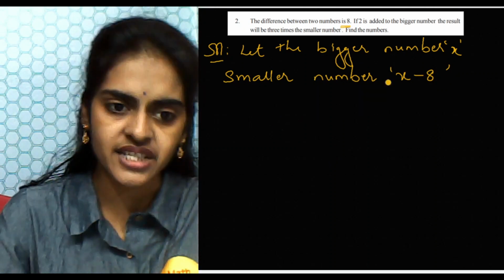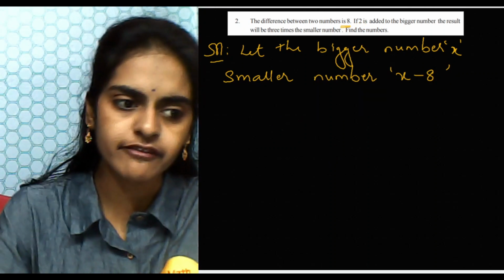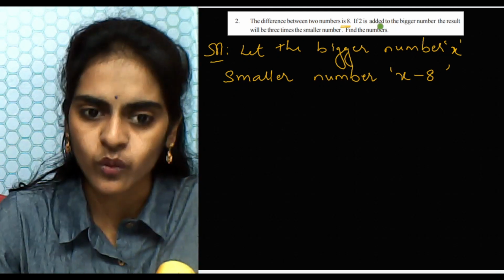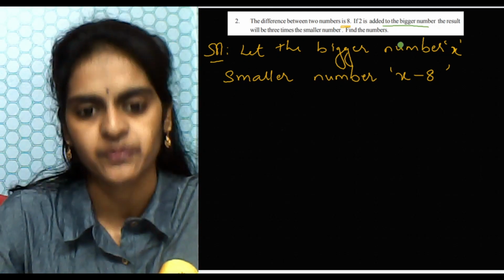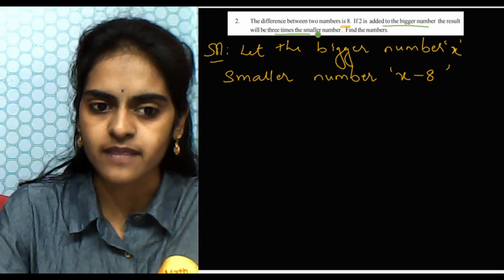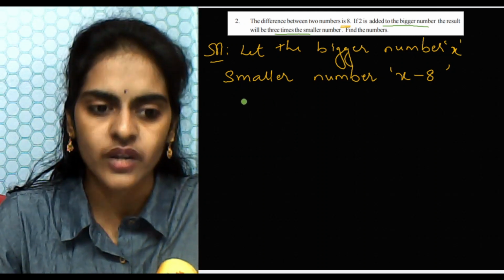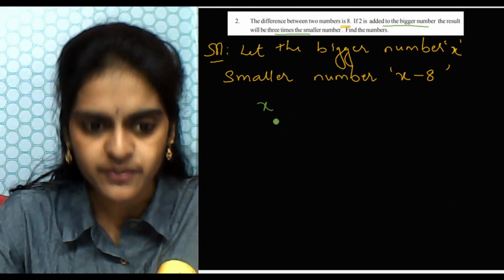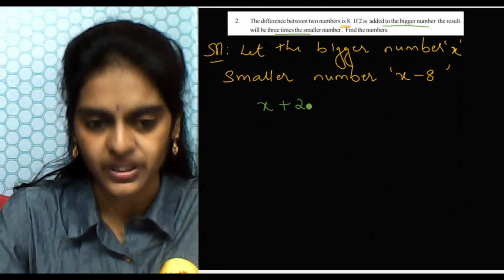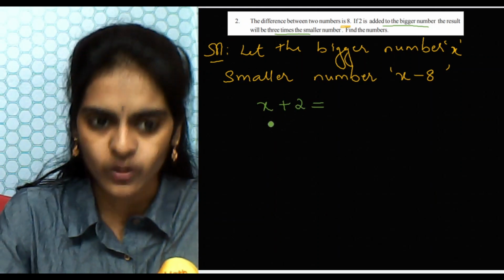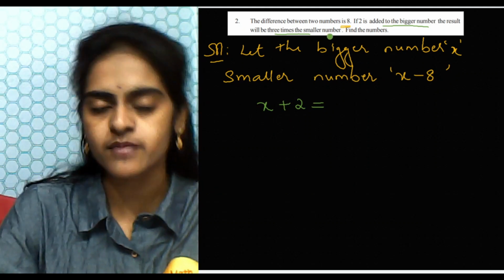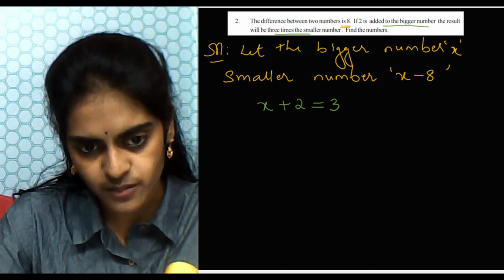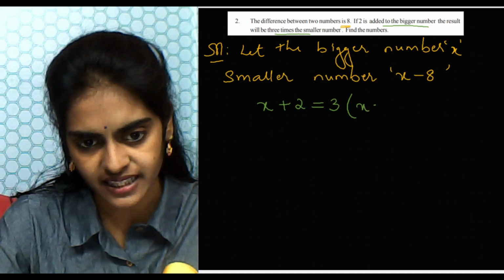Now see, the next condition is if 2 is added to the bigger number, the result will be 3 times the smaller number. The bigger number is x, so if I am adding 2 to it, this will be equal to 3 times the smaller number. 3 times means the smaller number multiplied by 3.